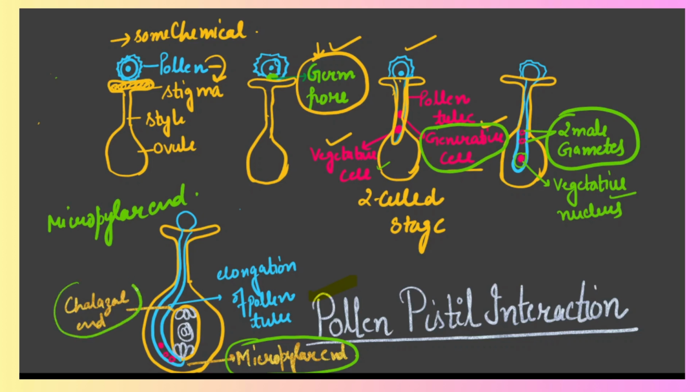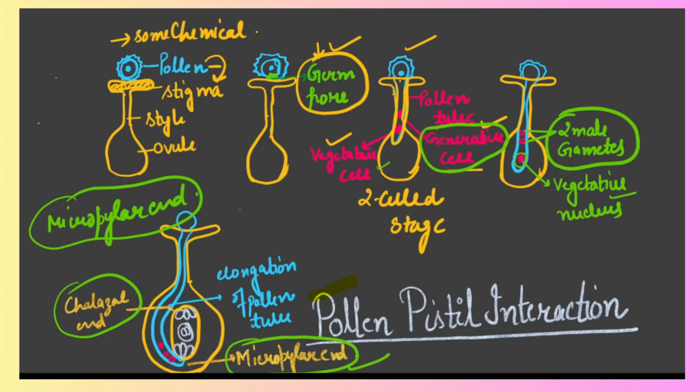The first one is the chalazal end and the second one is the micropylar end. We know that at the micropylar end we have two synergid cells and one egg cell. So the pollen tube will elongate and reach which end? The micropylar end, or micropylar pole.